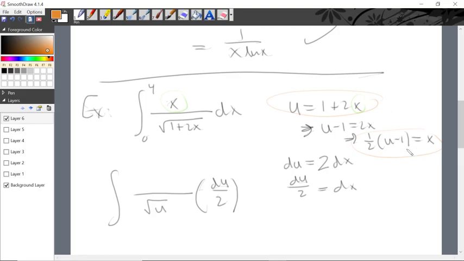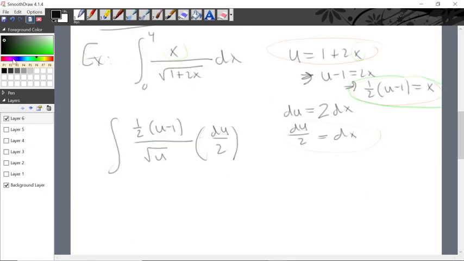So this is going to be reasonable to do here. So we solved it for x, and we already got dx as well. So that's what we can do with this x. We can replace x then with this expression in terms of u. So we get 1/2 times u minus 1 as the new numerator.